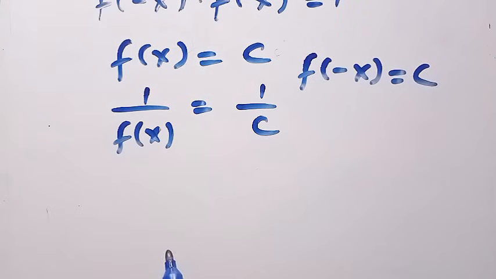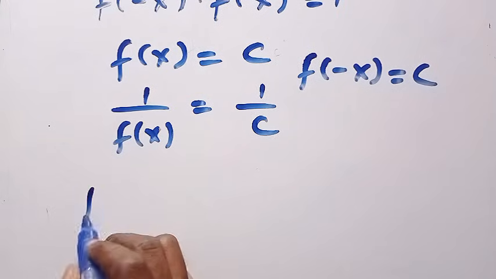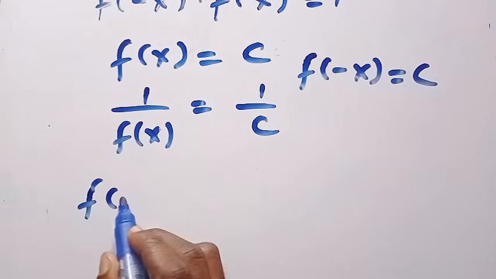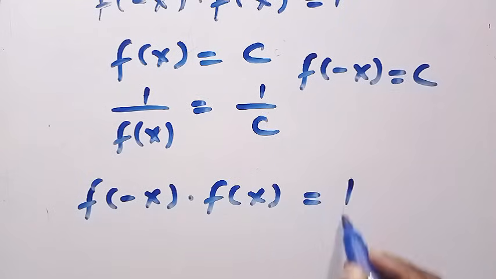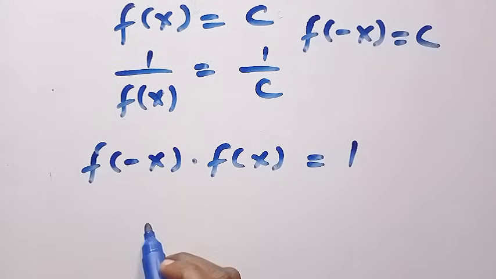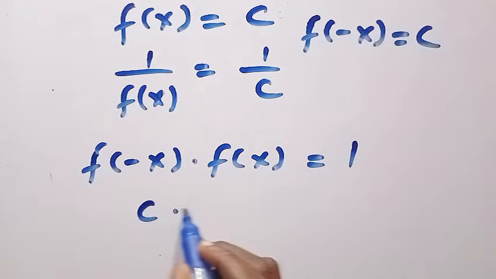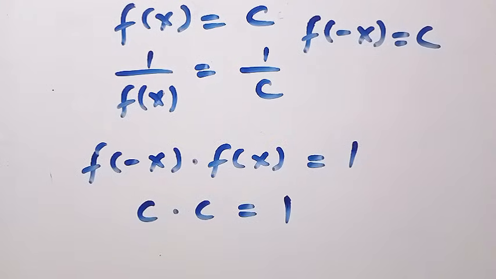Multiplying these together, f of minus x multiplied by f of x is c multiplied by c, which equals 1.